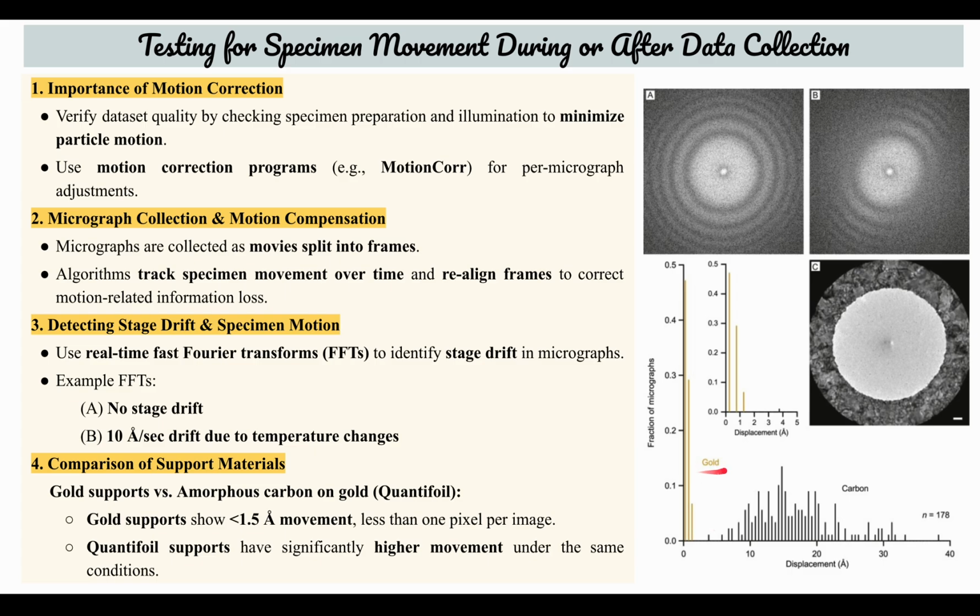That's why gold support is much more favorable. Whereas the Quantifoil, which is amorphous carbon on gold, has higher movement under the same conditions. This also tells you that by selecting different grid materials, you can even decide whether motion will take place or not. So that's why a gold grid is much more favorable in electron microscopy.